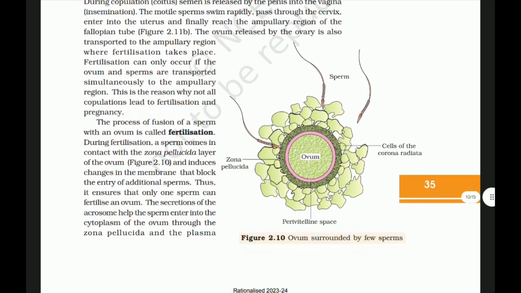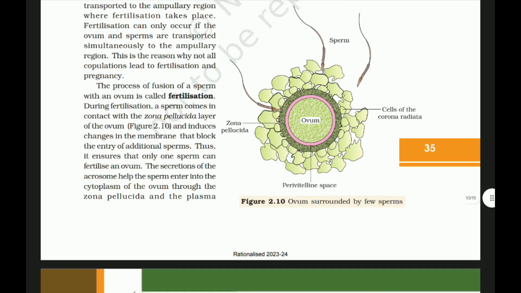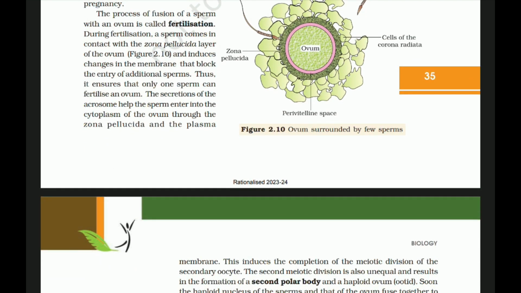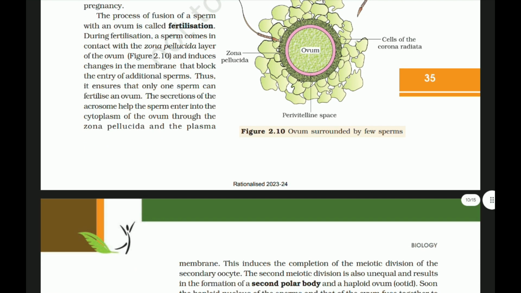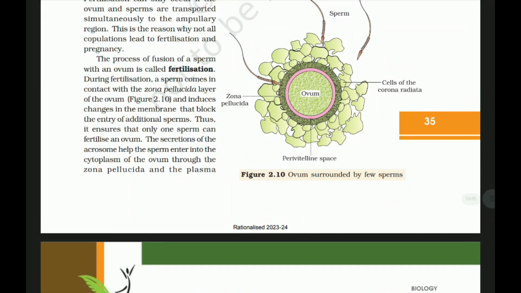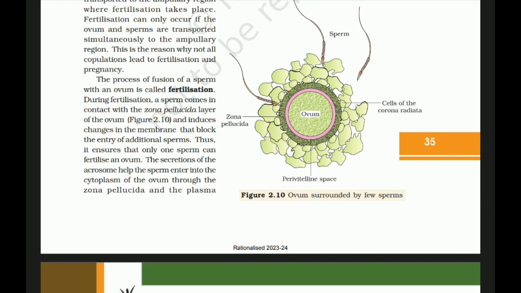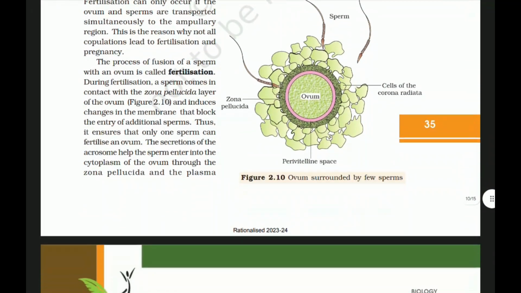The secretions of the acrosome help the sperm enter the cytoplasm of the ovum through the zona pellucida and the plasma membrane. Figure 2.10, ovum surrounded by a few sperms. Perivitelline space, zona pellucida, ovum, cells of the corona radiata, sperm.